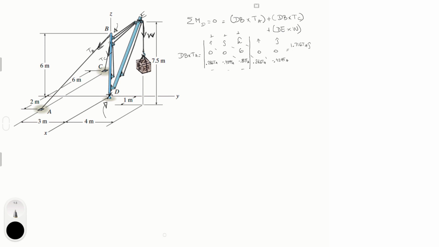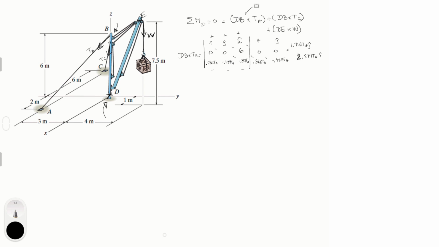Then our negative diagonals: negative times 0.286 times 0 is 0, and negative times negative 0.429 times 6 is 2.574 TA in the I. This is a 2, I swear it's a 2. The last one has a 0, so it's also 0. So we have the first one. We just have to do the other two.